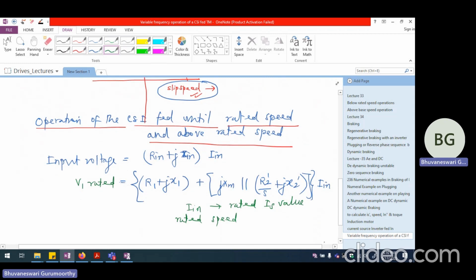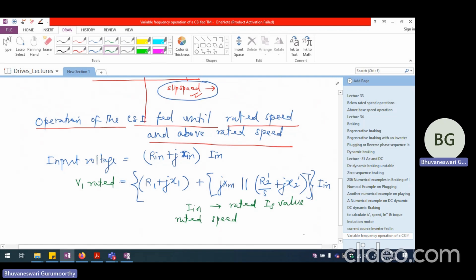Until rated speed, we should be able to increase the frequency. There is no problem. Until we reach the rated frequency, the current pumped in can be 1 per unit or rated current, so the machine will be able to fend for rated torque as far as the load demand is concerned.